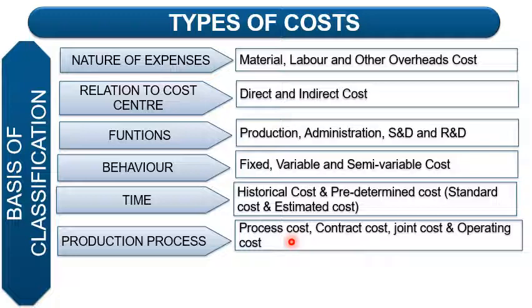I always take the example of cloth: from cotton comes thread, then cloth is made, white, then it goes to the dye section where printing and coloring happens. Clear? So for every process there is different accounting.